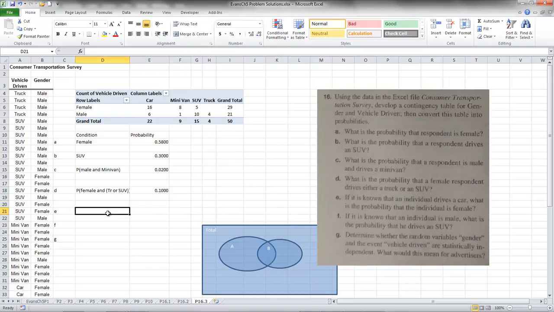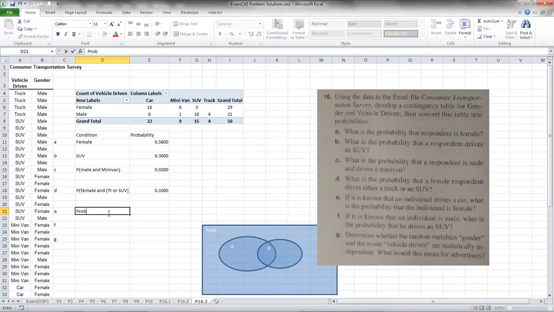Okay, so with E, E says if it is known that an individual drives a car. Now we're getting to conditional probability here. Okay, if it is known that an individual drives a car, given a car, what is the probability that the individual is female?